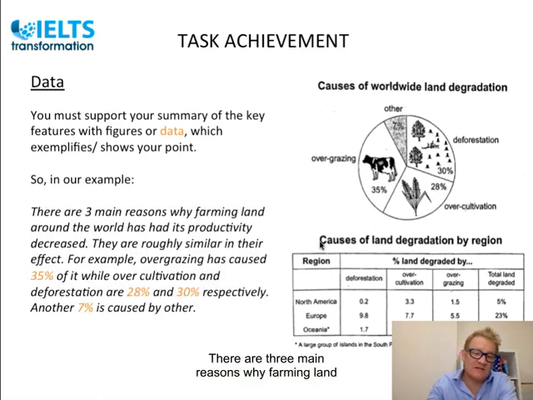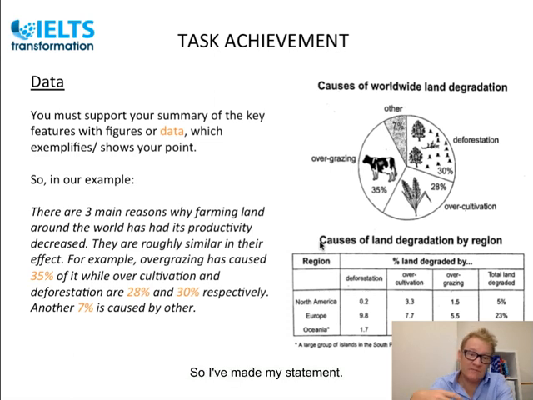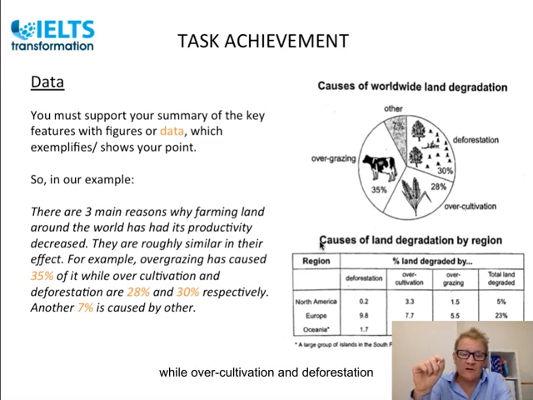There are three main reasons why farming land around the world has had its productivity decreased. They are roughly similar in their effect. So I've made my statement. For example, overgrazing has caused 35% of it, while overcultivation and deforestation are 28% and 38% respectively. Another 7% is caused by other. So when you make a statement, you must support it with data.